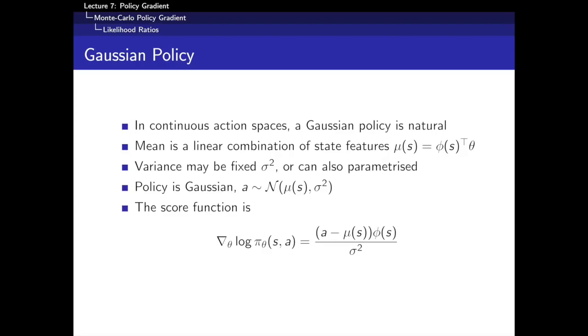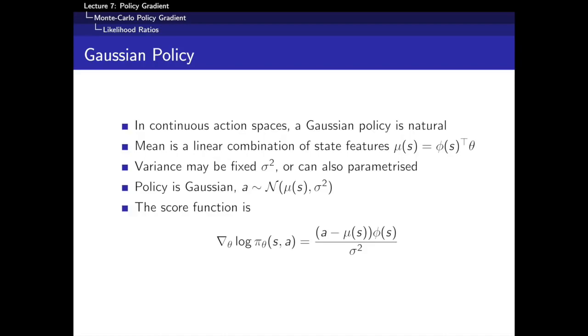And so if we were using a Gaussian policy, what would this score function look like? Well, the score function is basically, again, this tells us how to get more of a particular action. And here, again, we have something very similar to the last slide, where this tells us this is the action we actually took. This was our action A. And this is the mean action. This is the mean.